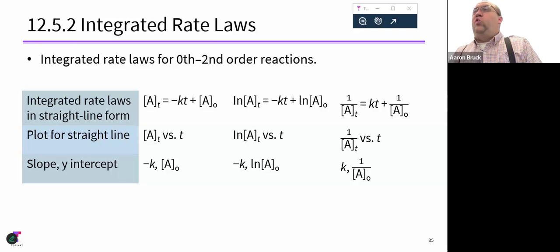Because the way to do this, to figure out which one is the correct order, comes down to linearity. Does anybody remember how we determine linearity when it comes to a graph? Whenever we graph, we always toggle a couple of options, right?